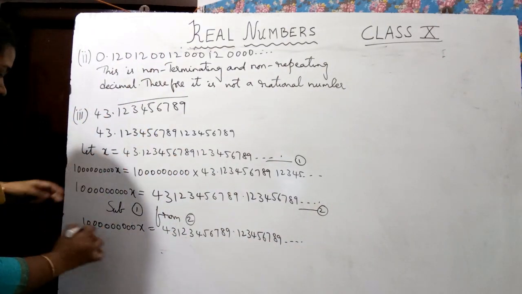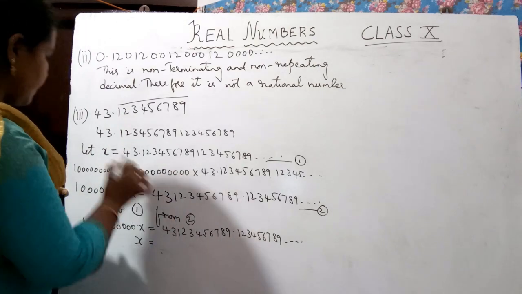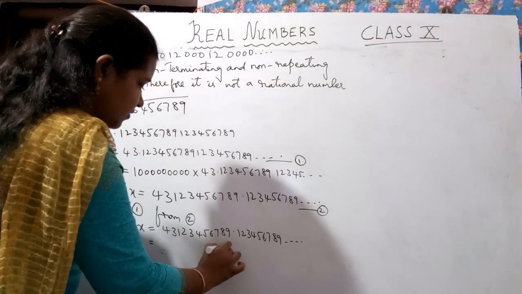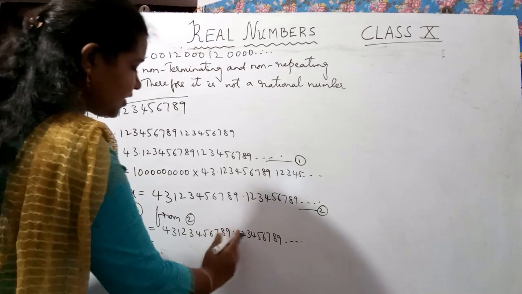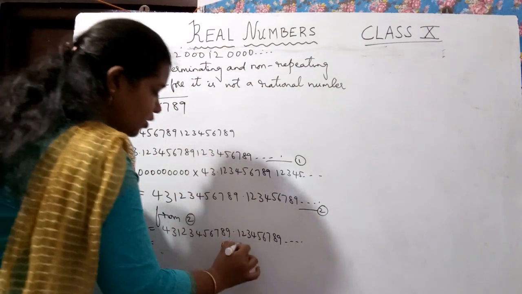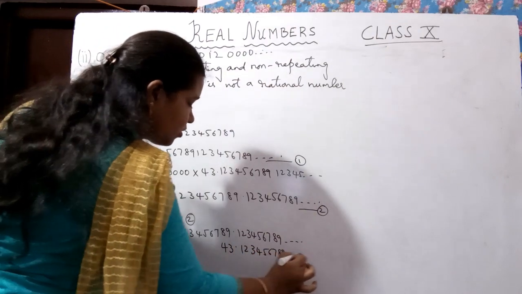So here x is equal to 43 point. This is the real part, so I have to start writing the real part from this side. So I have 123456789, and so on.